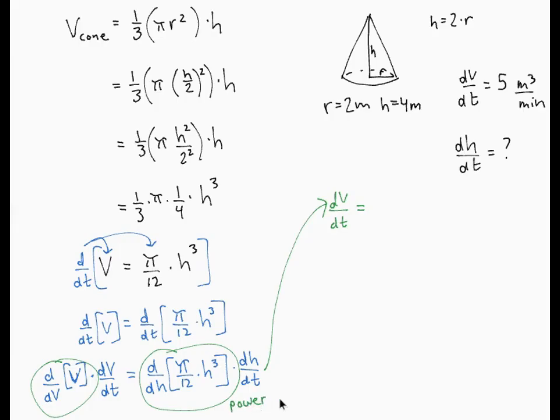To take the derivative of this expression, we'll use power rule. So we have 3 times pi over 12 times h squared. Remember that to get the derivative with respect to t of an expression with only h's and no t's in it, we first take derivative with respect to h and multiply by dh over dt.